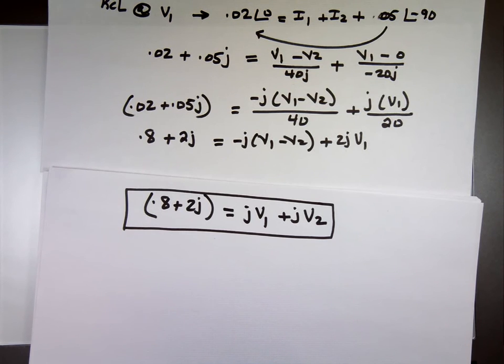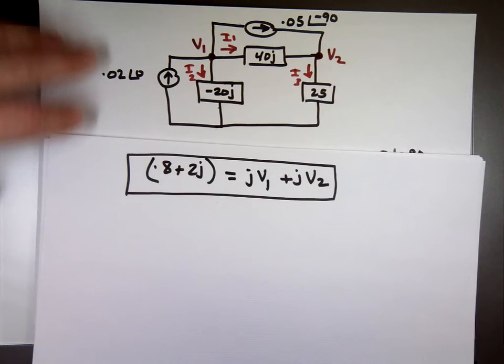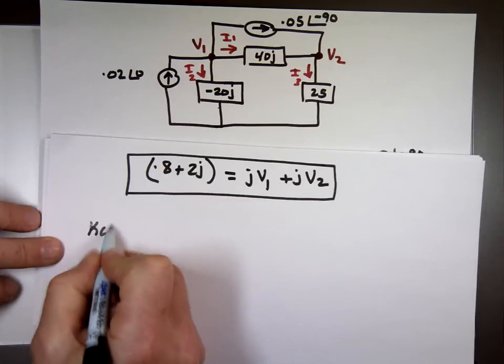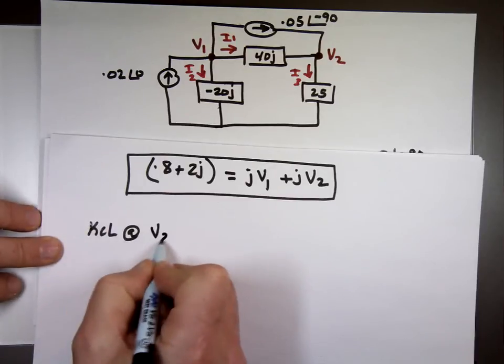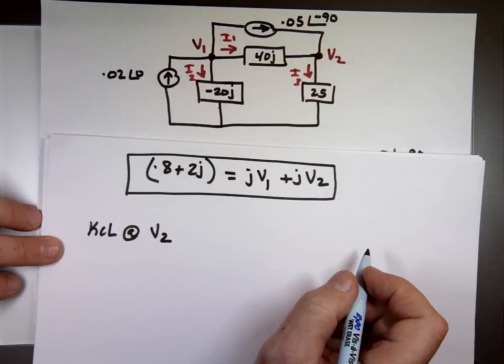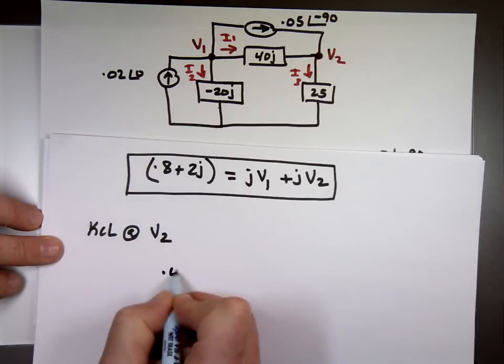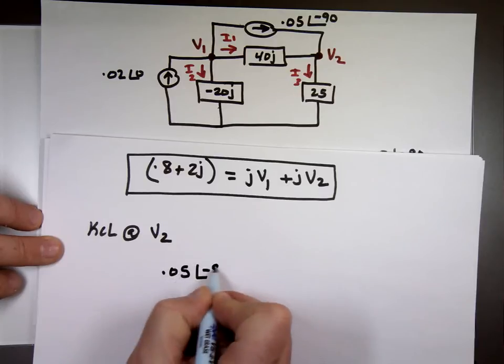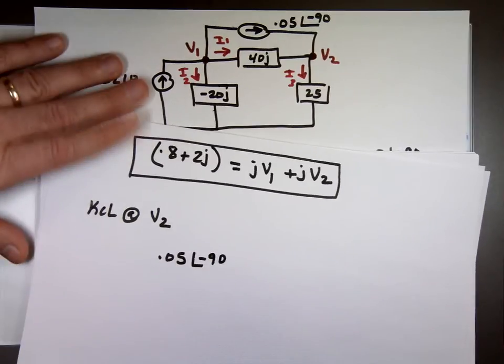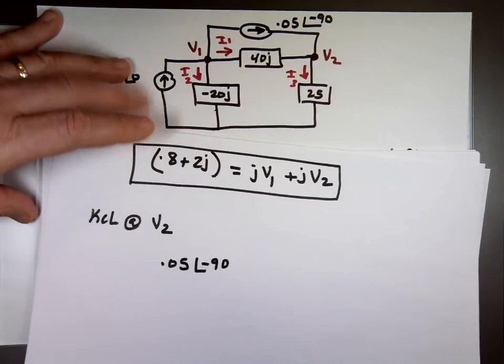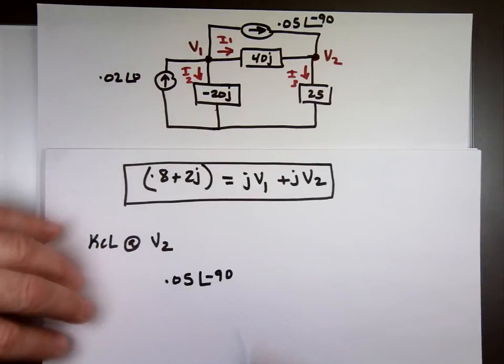Now let me go right there and do another KCL at V2. Current in equals current out. Current in, 0.05 negative 90. Can you see it on the top? Yep. What else?